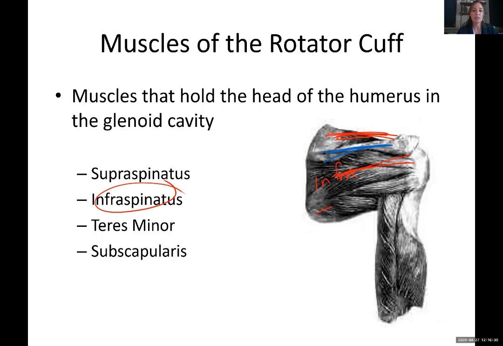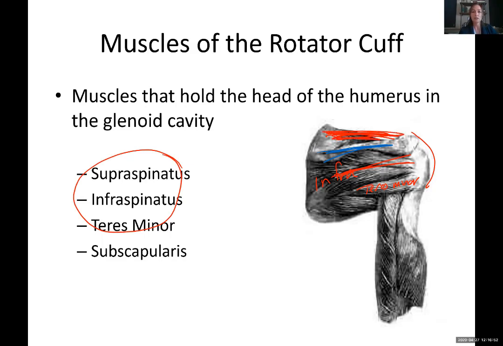And then teres minor, sorry, that's teres major. And notice these three are all attaching right behind the head of the humerus on the back side of it, on the lateral side.